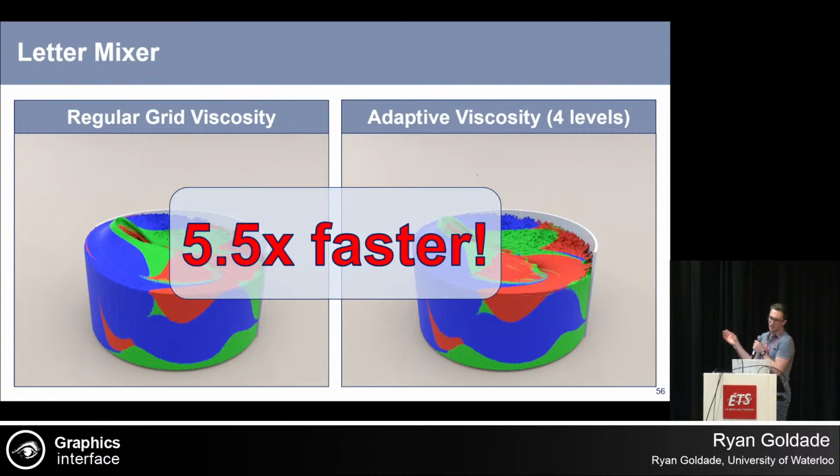And in this example, it's 5.5 times faster. And in this case, just to give some context here, this goes from simulating this for over 3 days down to 13 hours. So the 5.5x turns into pretty significant numbers.